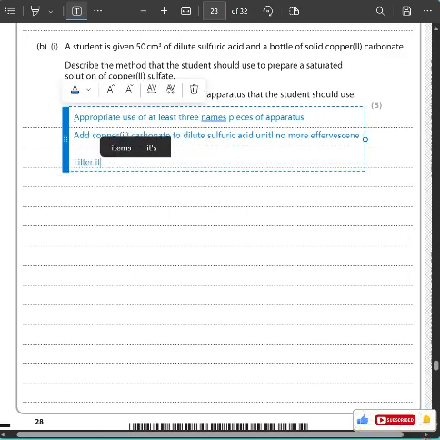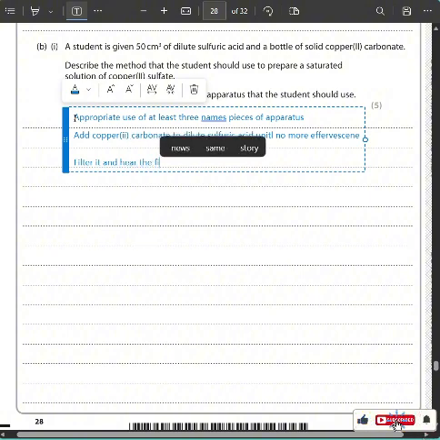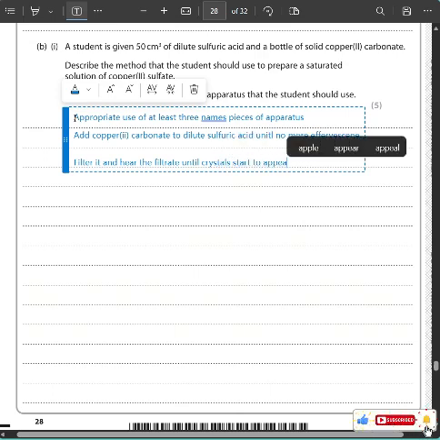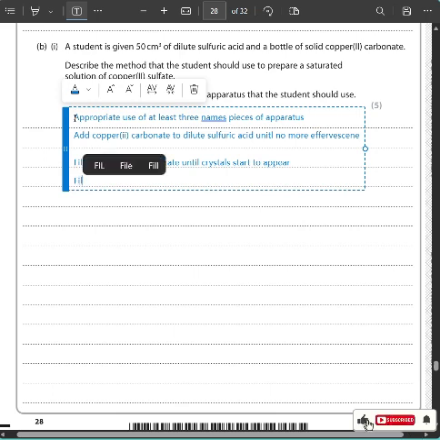Filter it and heat the filtrate until crystals start to appear. Filter to obtain the saturated solution.